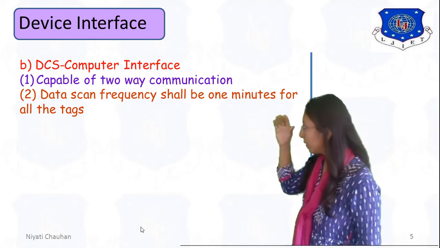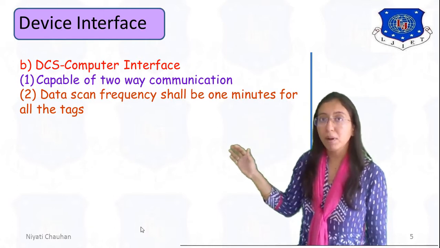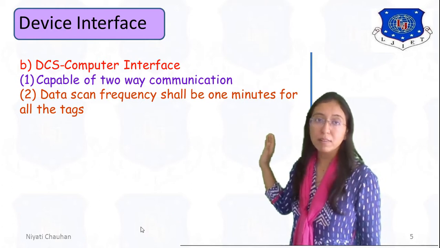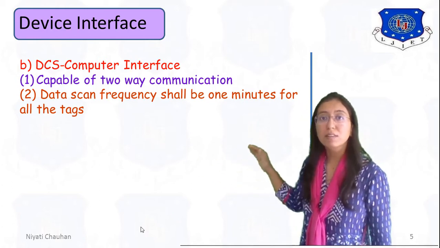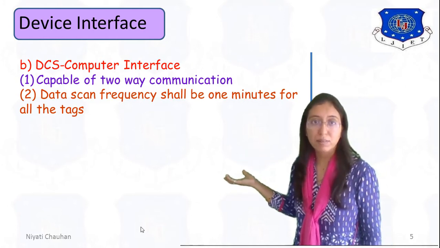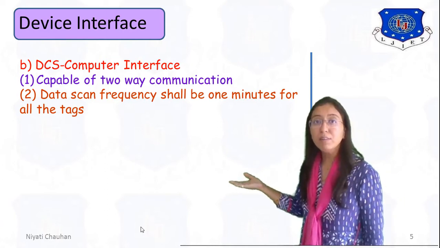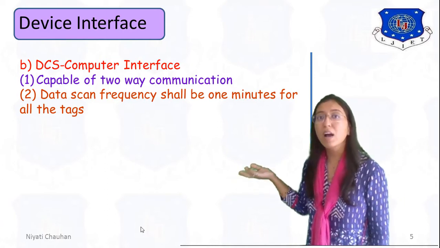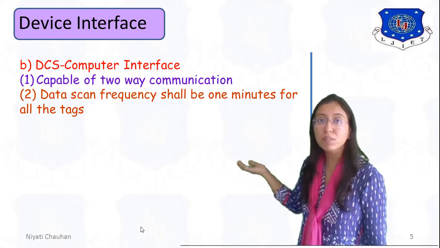So DCS computer interface system is capable of two-way communication. And second, data scan frequency shall be 1 minute for all the tags. Okay, so data scan frequency, that is high, right? It does not take more time for scanning.